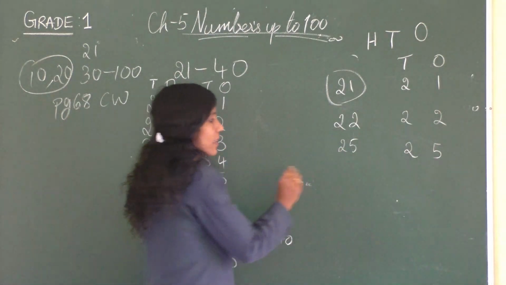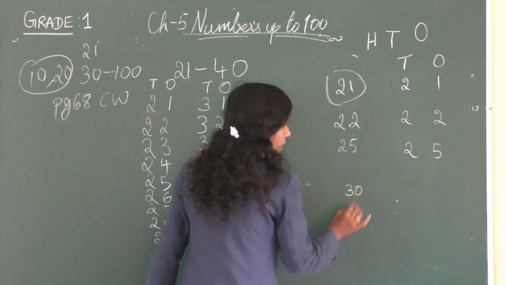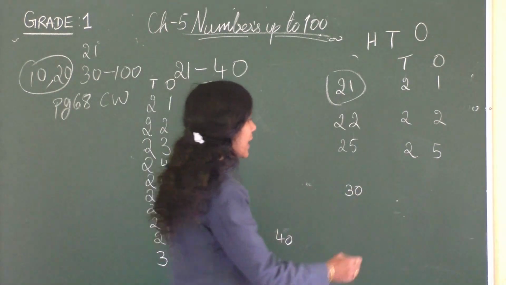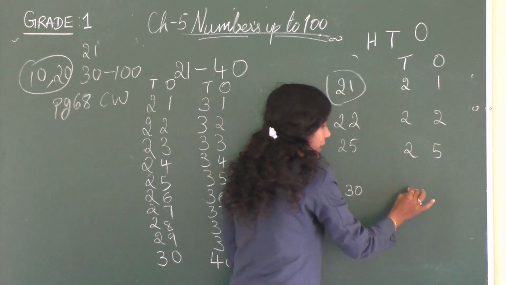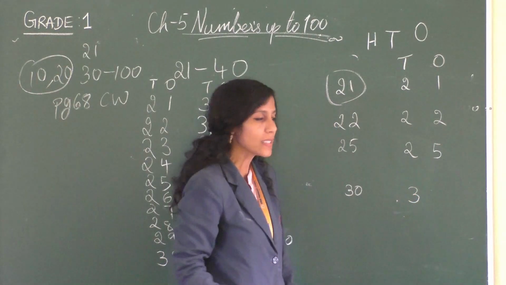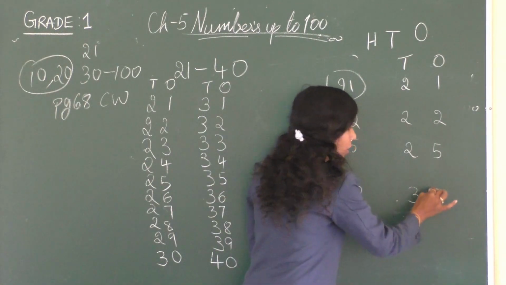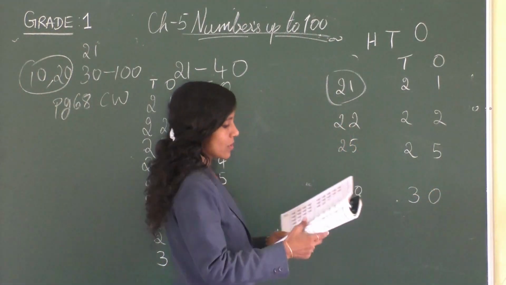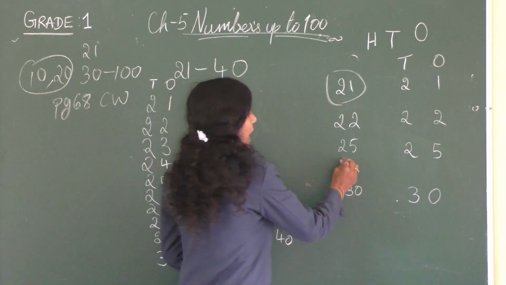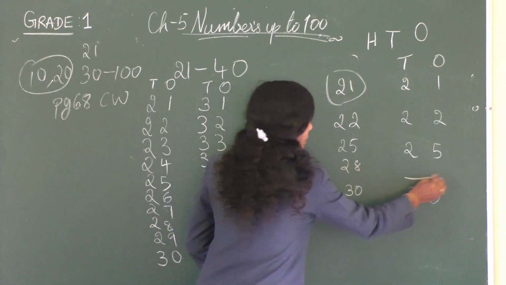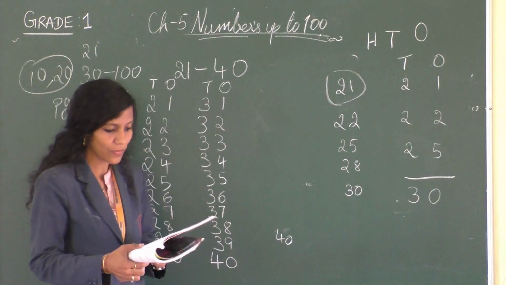Last one, 30. 3 bundles of tens and no ones. So one more which you have to do is 28. You can do it yourself.